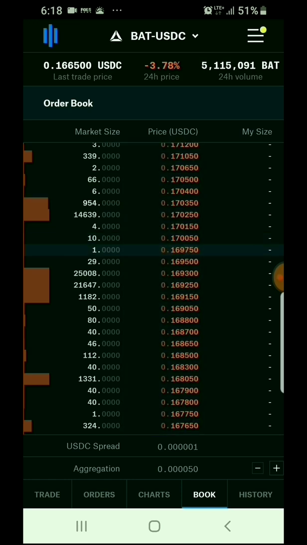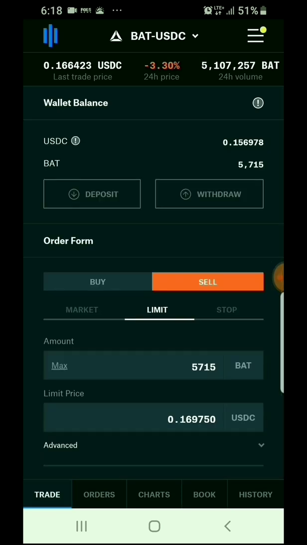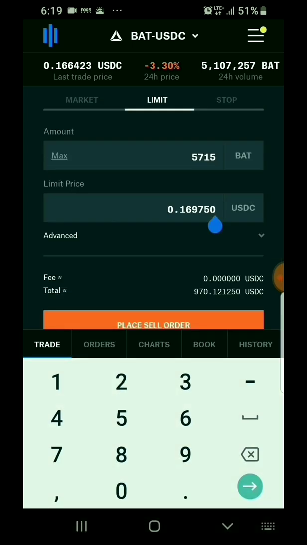So I'm going to place my trade and make sure it's still here because I touched the screen a couple of times, so I might have actually taken the order out. Okay, the order is still there, 0.169750. I'm going to change that, as you can see, because I did touch a couple of things.